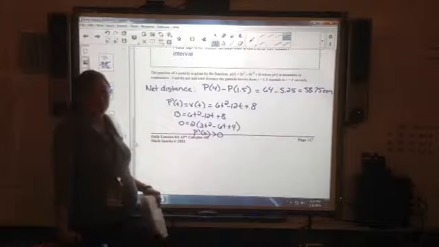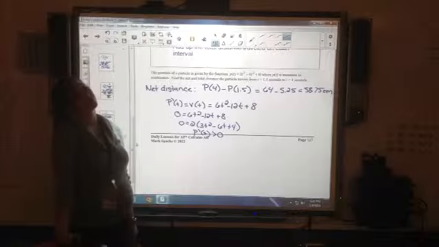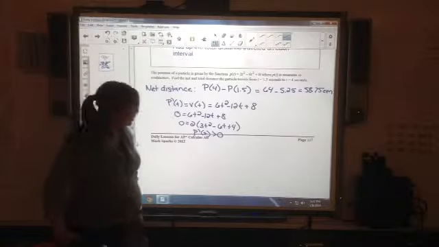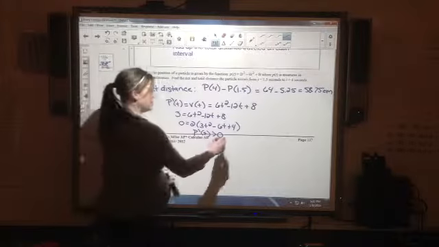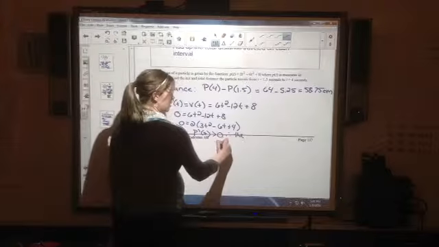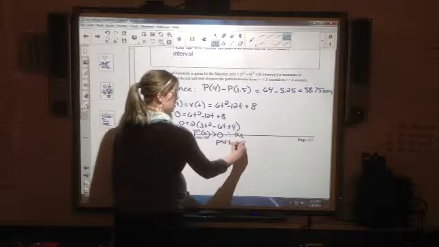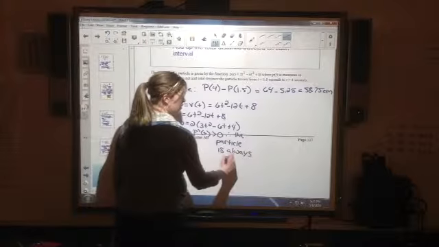If velocity is positive, what does that mean about the particle's motion? Tell the person beside you. Okay, that means that the particle is moving to the right. Therefore, the particle is always moving right.